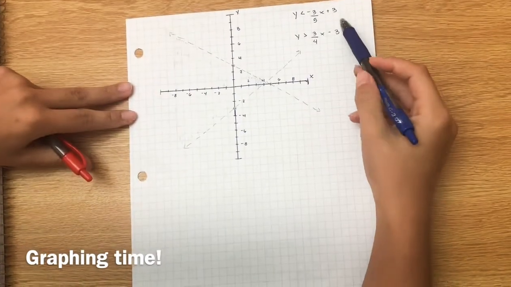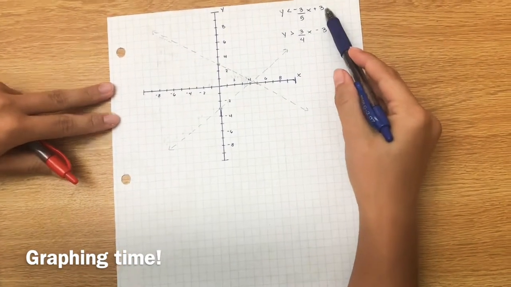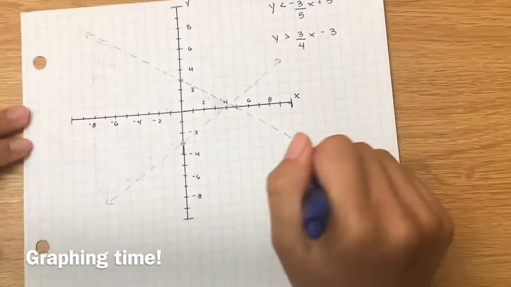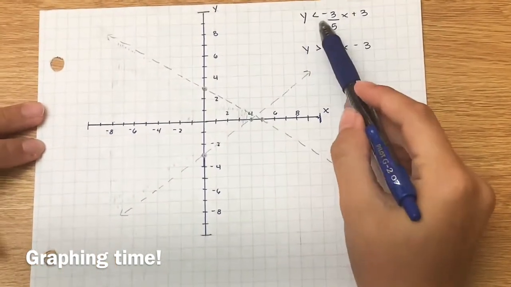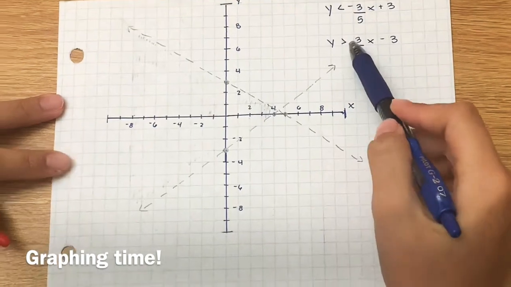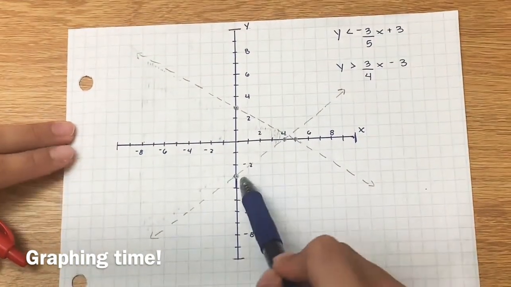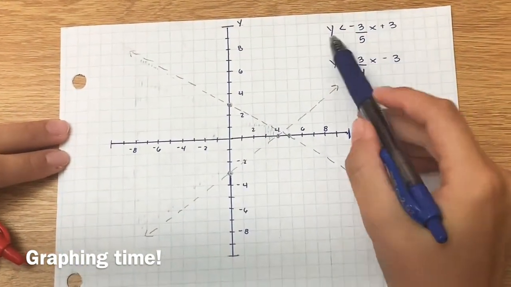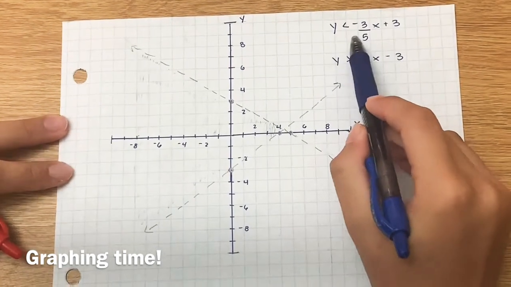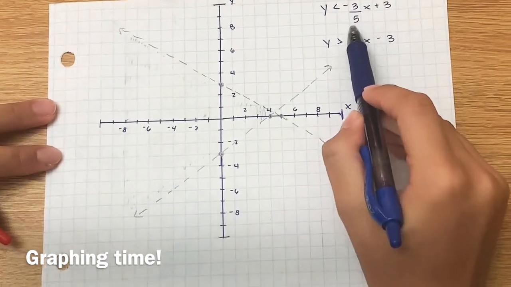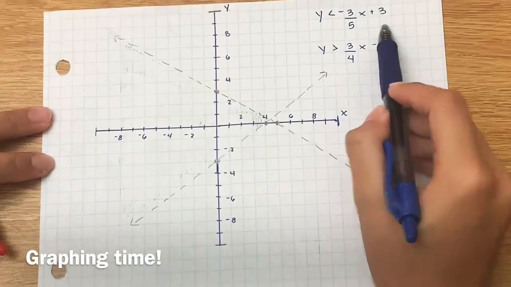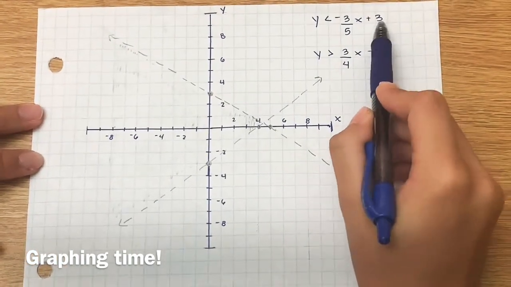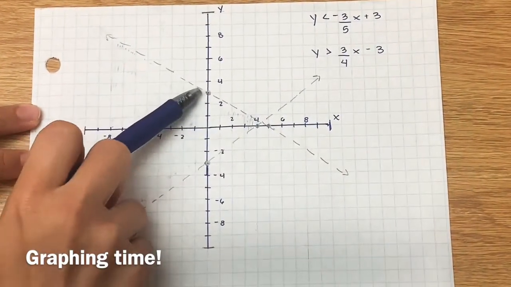Okay, so now that you have your two new equations, you're just going to graph them. Because there is no equal to sign, it's just a less than or greater than sign, you're going to have dotted lines. So for the first equation, y is less than negative 3 over 5x plus 3. You're going to graph the y-intercept first, so it's going to be a positive 3 up here.